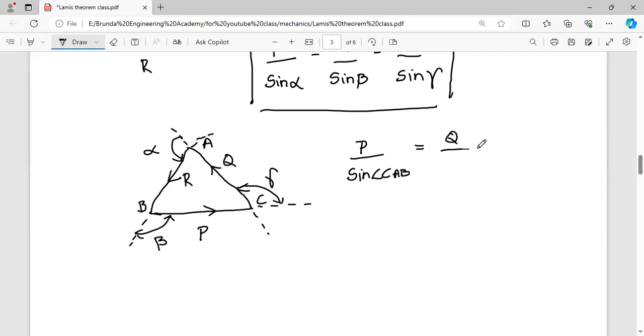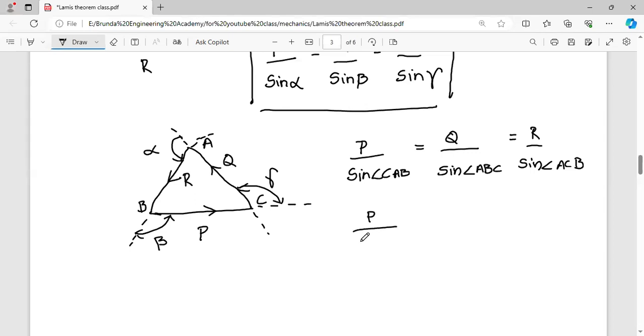Next, Q by sine of the angle between the other two forces, P and R, so the angle ABC. Next, R by sine of the angle ACB.